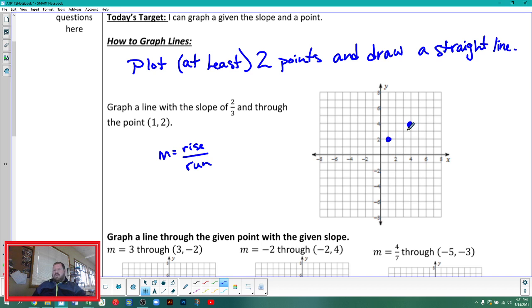That is enough, but maybe I want 2 points that are a little farther away, right? So I could do up 2 and over 3 again. And a lot of times what I find myself doing is stepping out, I call it stepping out the slope, as far as I can so I can pick 2 points that are a long ways away from each other.